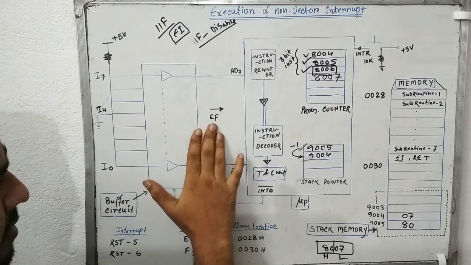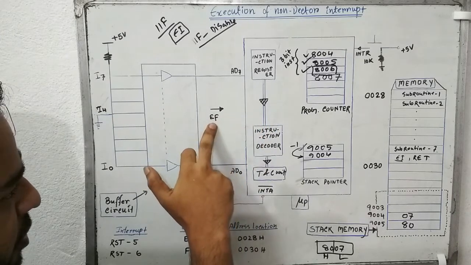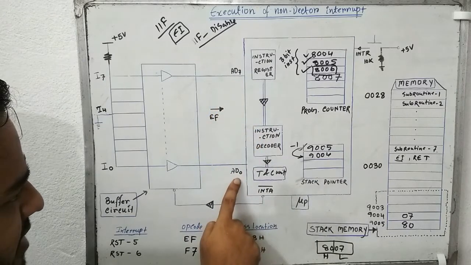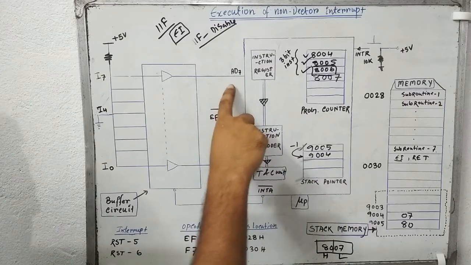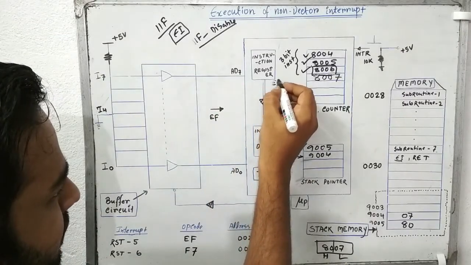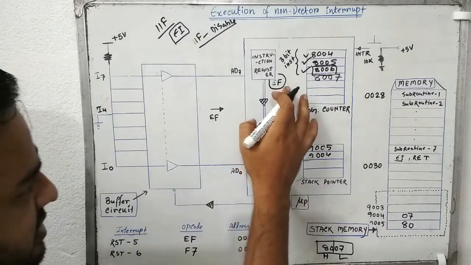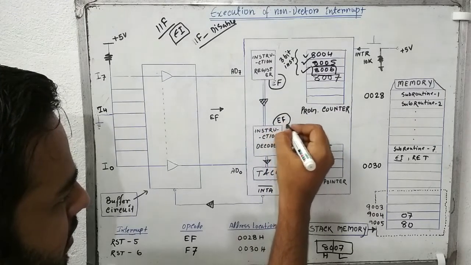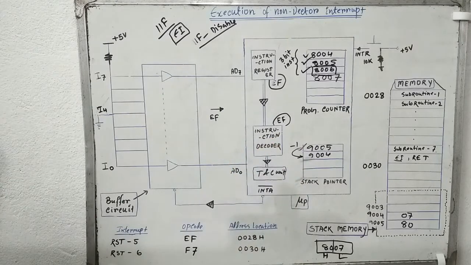It places this particular opcode on the data bus, as you can see, D7 to D0. The data bus then places this opcode into the instruction register, EF here, and the instruction register sends that opcode to the instruction decoder.